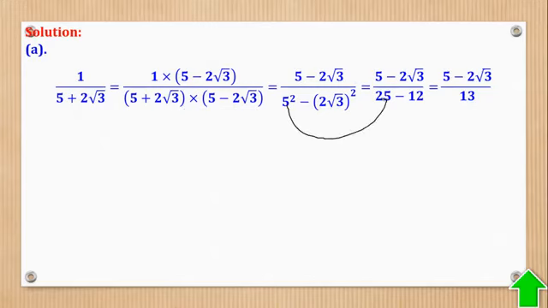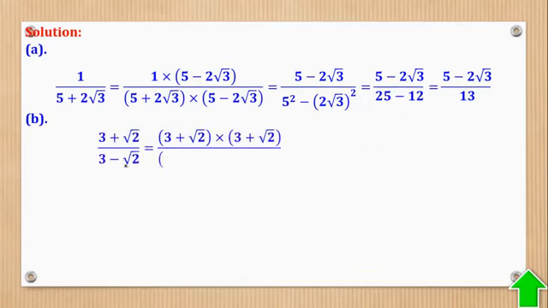Then this is 25 and this is 12. How does 12 come about? 2 squared is 4. Then root 3 squared is 3. So 4 times 3 gives you 12. Then again, 25 minus 12 gives you 13. So I've succeeded to get an integer denominator. So we stop there.